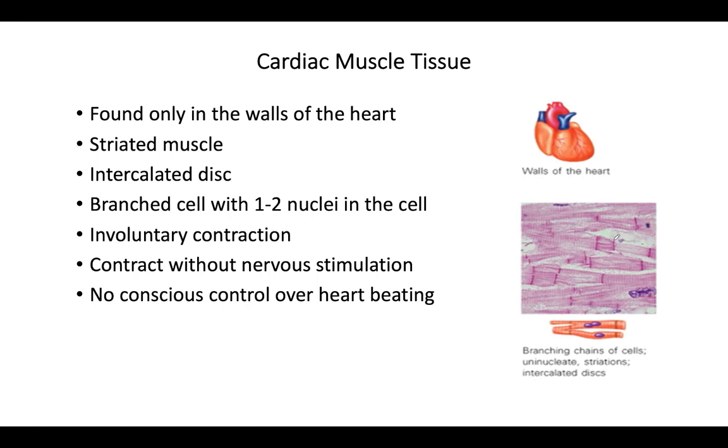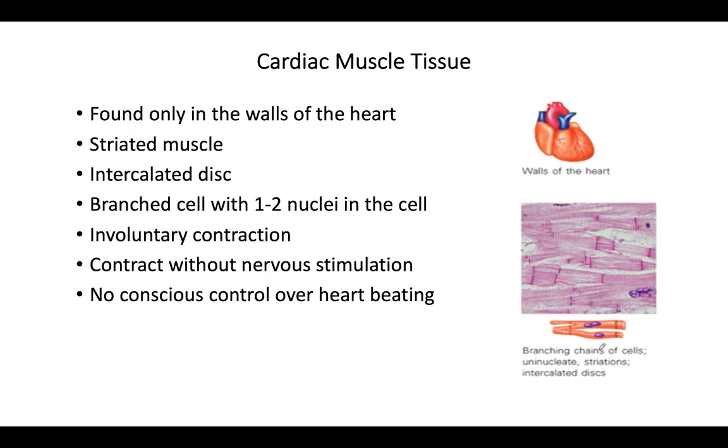And you can see a clear line. We call this the intercalated disc. The intercalated discs are tightly bound together and connected by gap junctions so that electrical impulses conduct from cell to cell almost simultaneously.